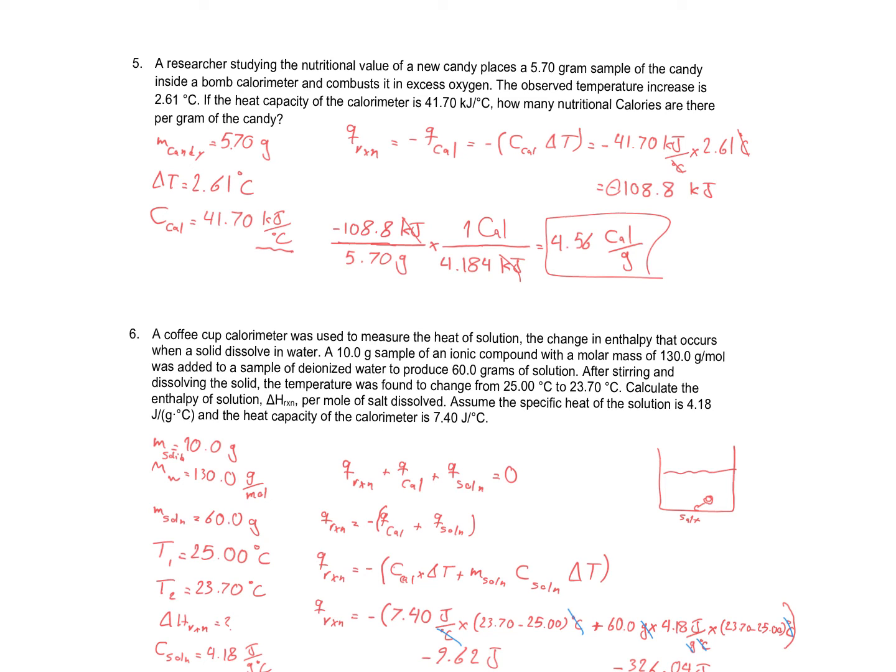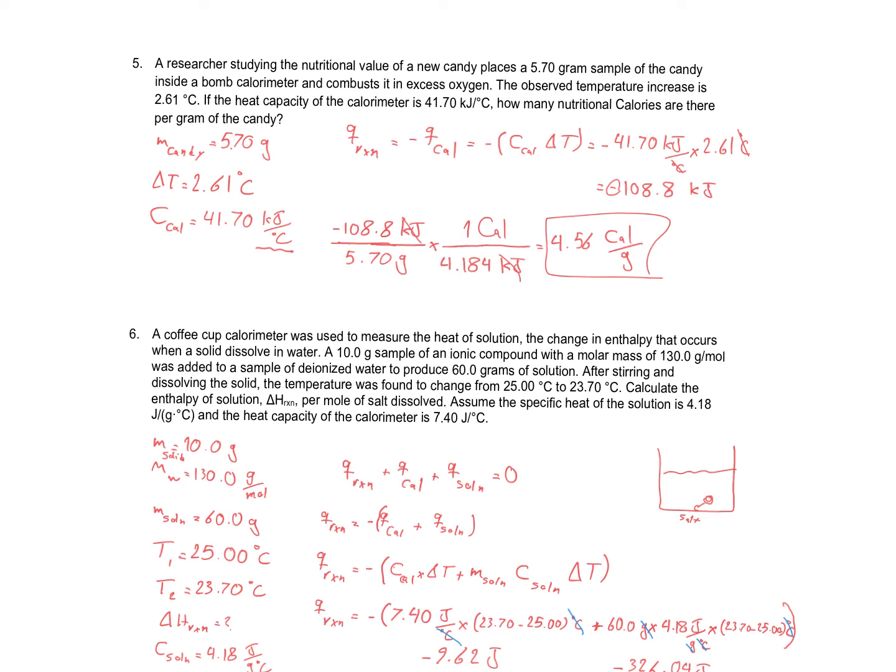For the combustion reaction that happened, we have the energy coming off the reaction and going into the calorimeter, right? So Q of the reaction equals the negative QCal. And we can find the QCal by C of the calorimeter times the delta T. So negative Ccal delta T, you plug in the numbers and you get the Q for the reaction.